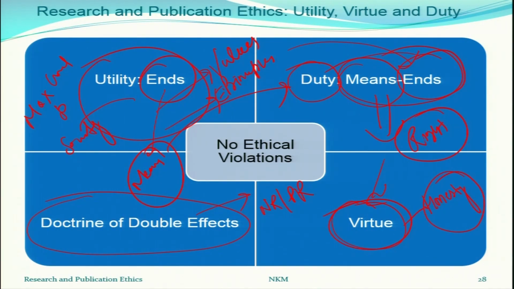So first of all, following informed consent, we must inform the subjects of research about all the negative results and all the positive results, all the risks and all the benefits involved in the research. Then we have to inform about the intention.